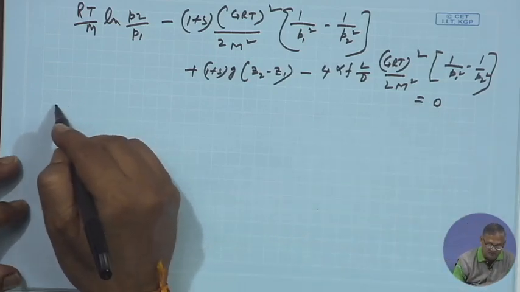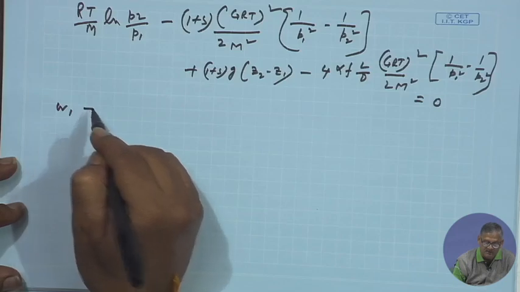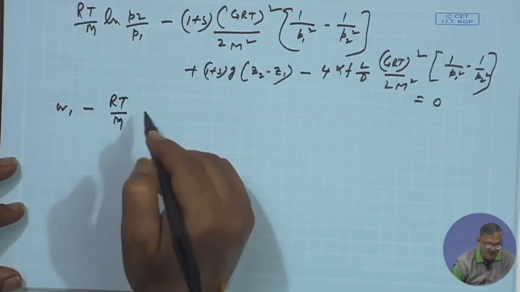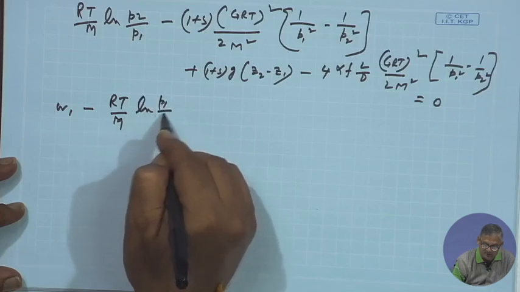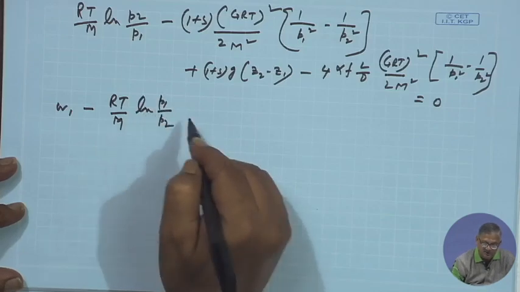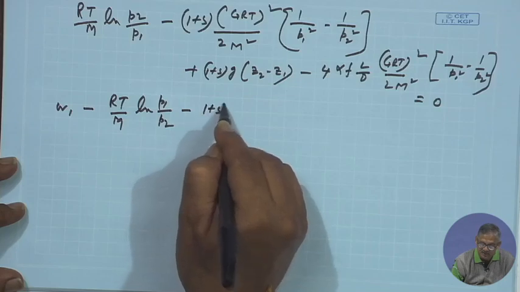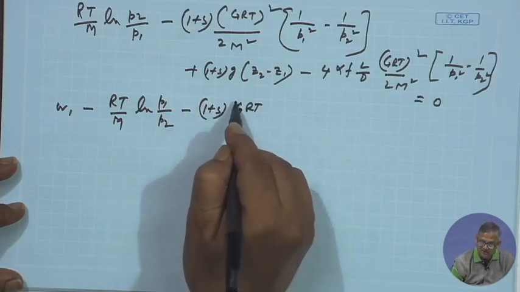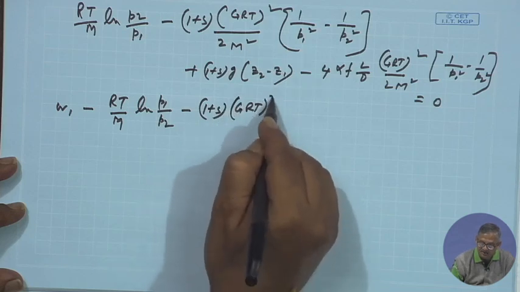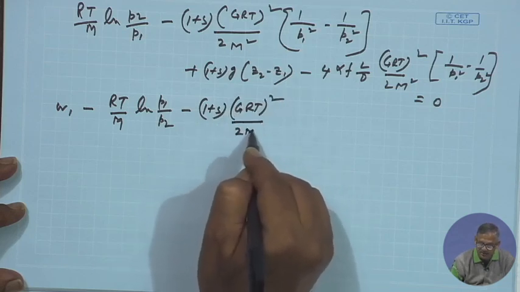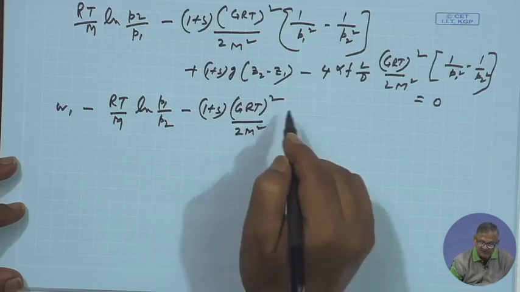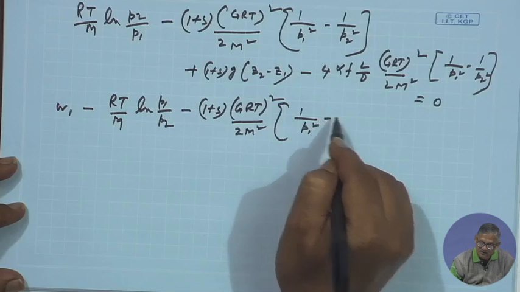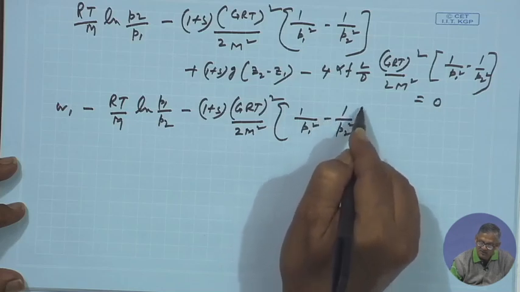So, we can rewrite minus RT by M ln of P1 by P2, right, minus 1 plus S GRT squared by 2M squared times 1 by P1 squared minus 1 by P2 squared.